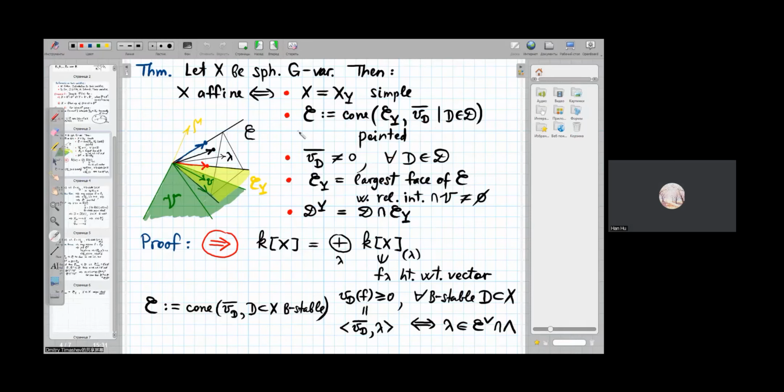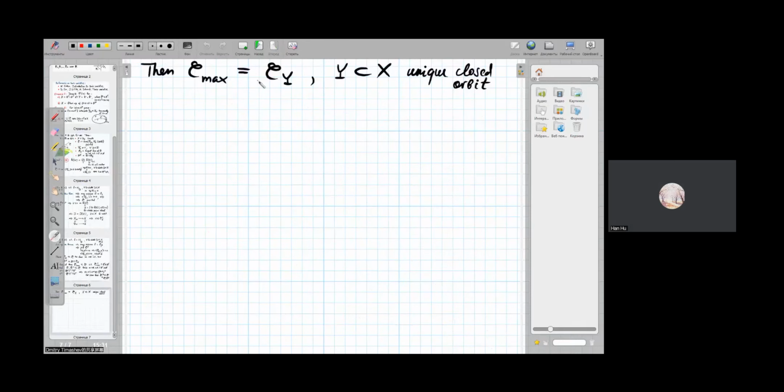But this is easy, because for any G-stable divisor D in X, since X is simple, we already proved it, this divisor should contain Y. And this means that VD bar belongs to the cone C_Y.